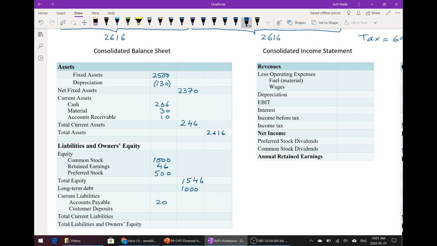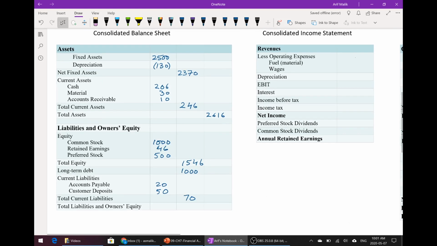The customer deposits are 50, and the total current liabilities are then 70. And total liabilities and owner equity, if we add this column here, we get 2616. So this is our consolidated balance sheet.